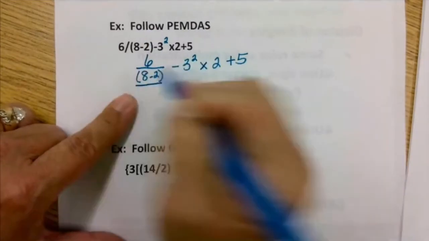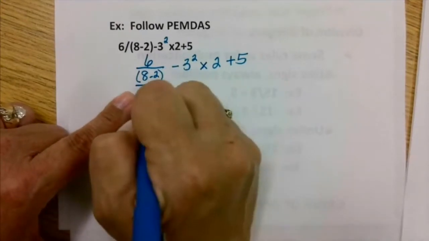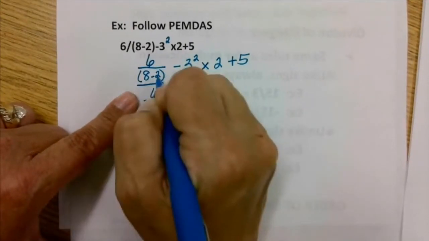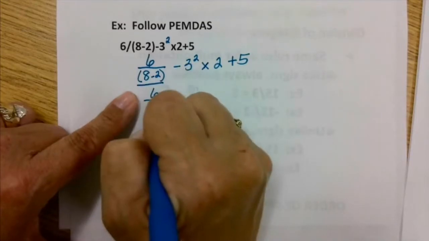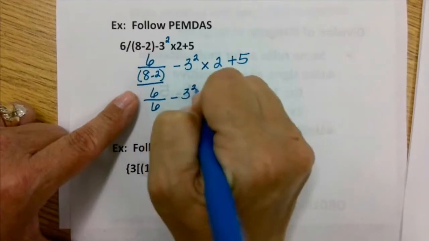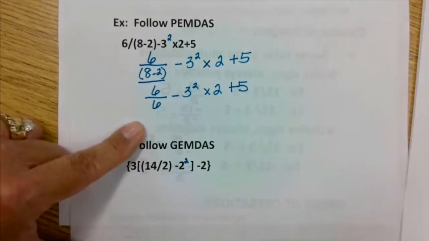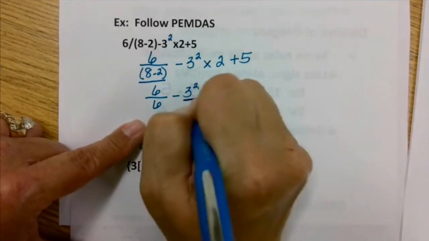I'm going to underline it because that's what I'm doing first. So I have 6 over, what is 8 minus 2 is 6, and I'm going to bring everything else down. Minus 3 to the second power times 2 plus 5. Now my next step is exponents. So I'm going to underline that.